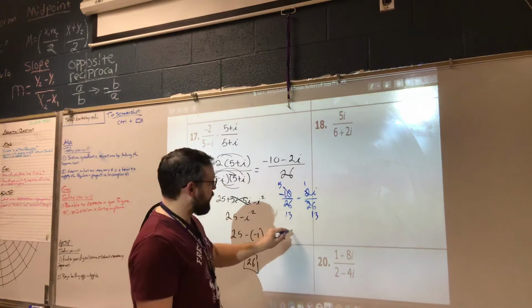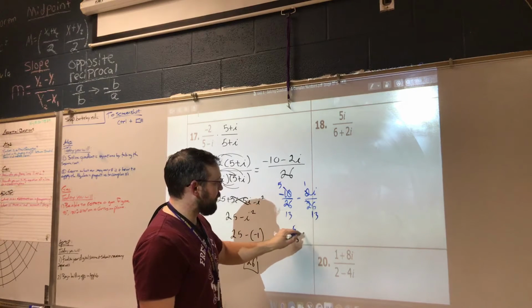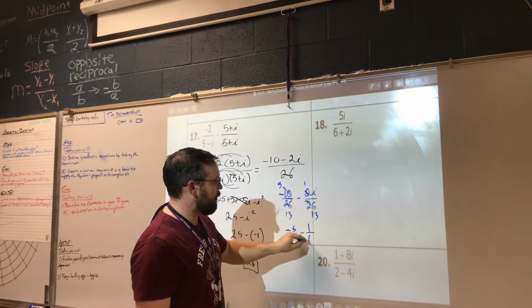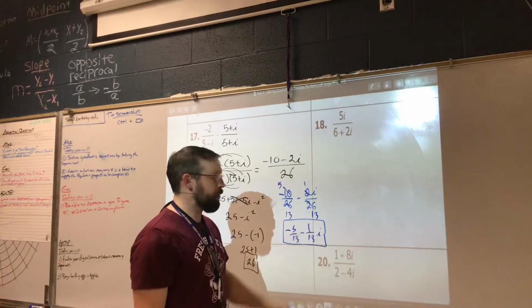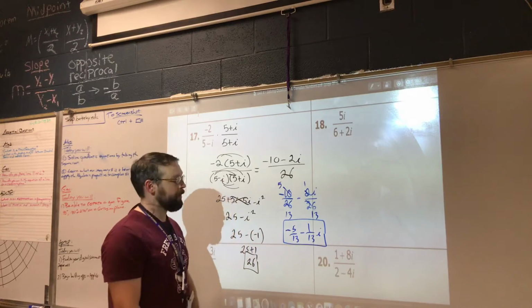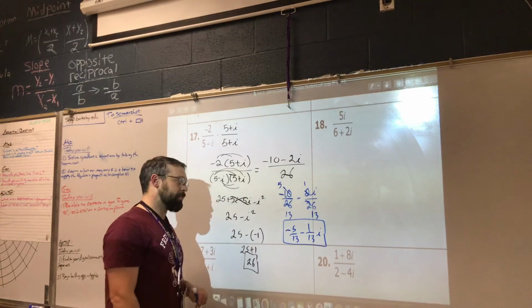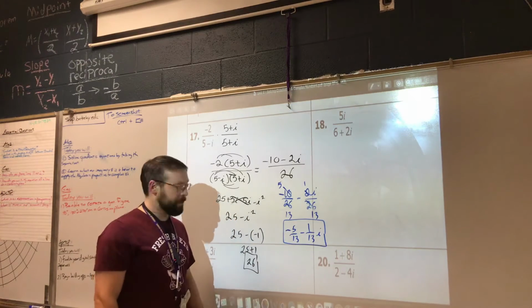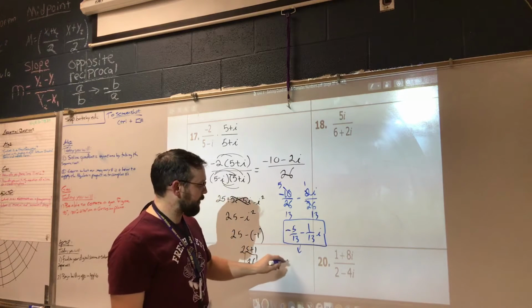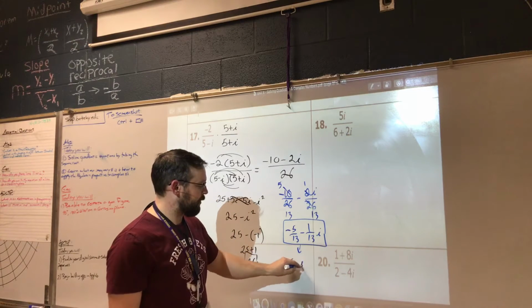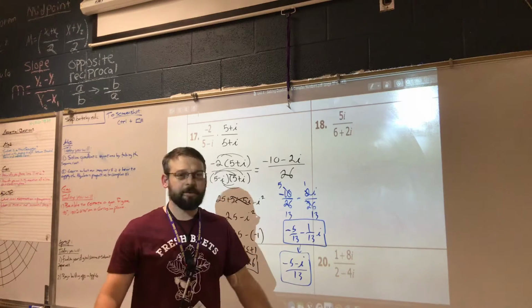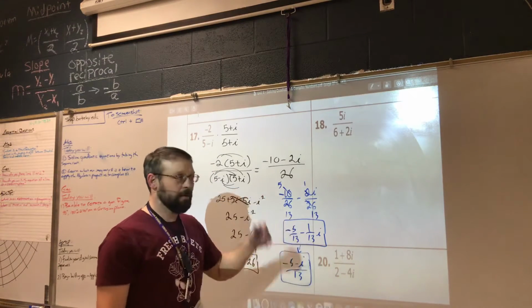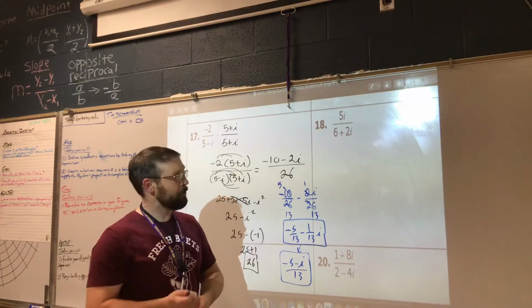So that'd be negative 5 over 13 minus 1 over 13. You're done. That's a perfectly acceptable answer. Sometimes some people might elect to just put it back over the same denominator. That's okay too. Both of these are perfectly acceptable answers.